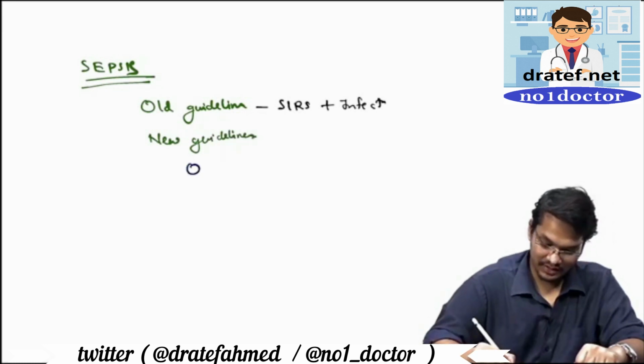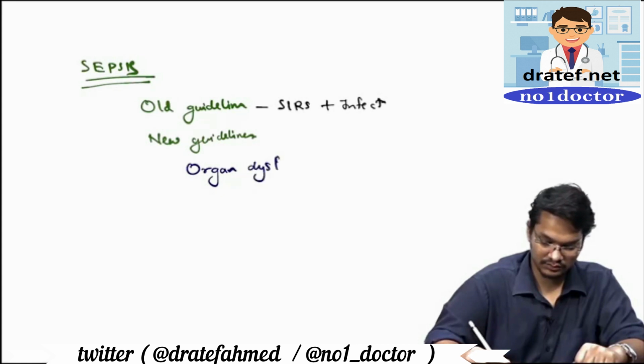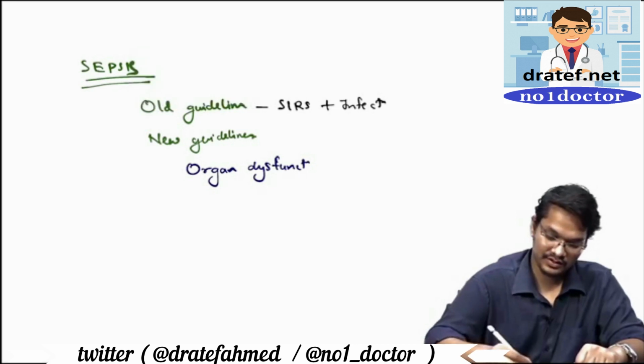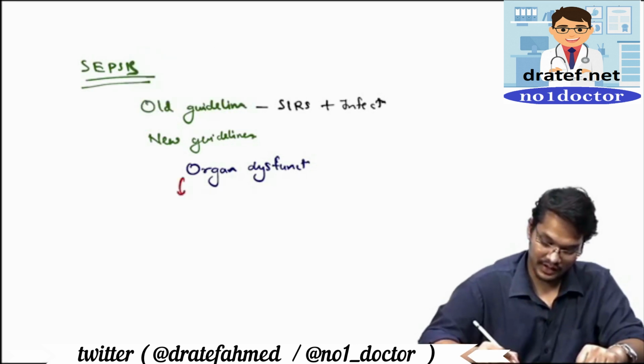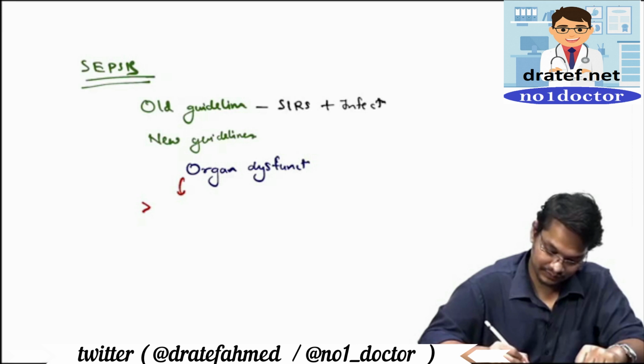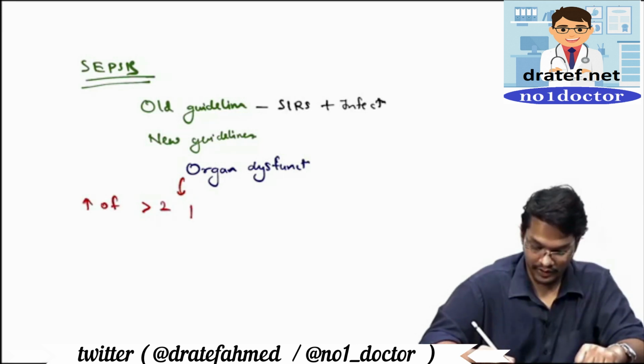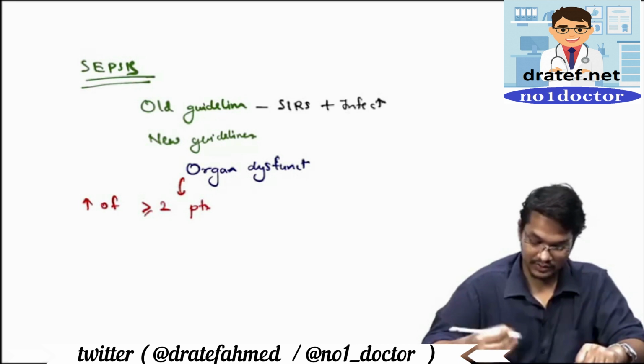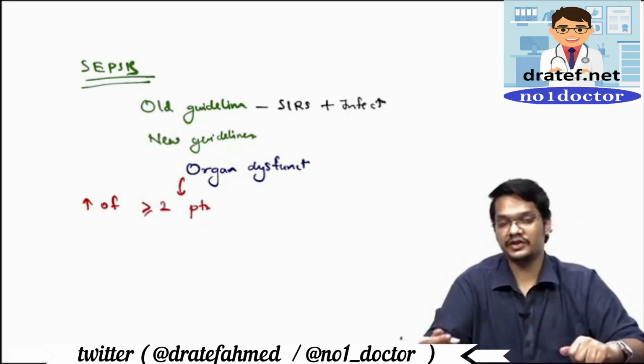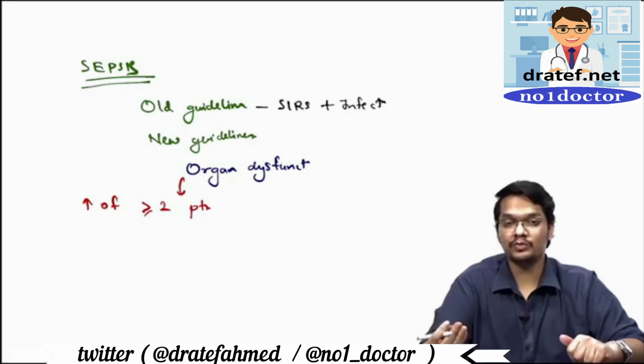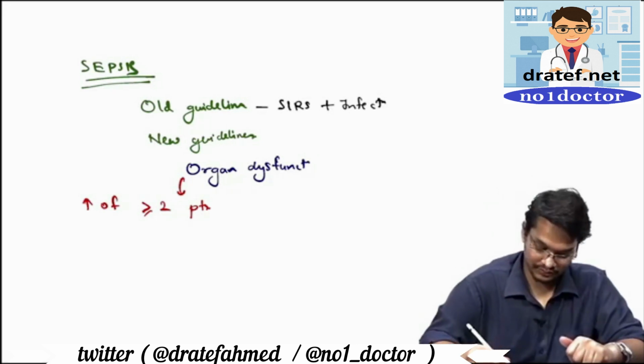New guidelines say that the patient should have organ dysfunction, which is represented by an increase of more than or equal to 2 points, increase of 2 or more points on the SOFA score.